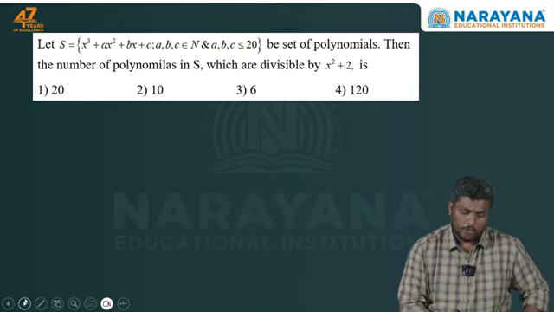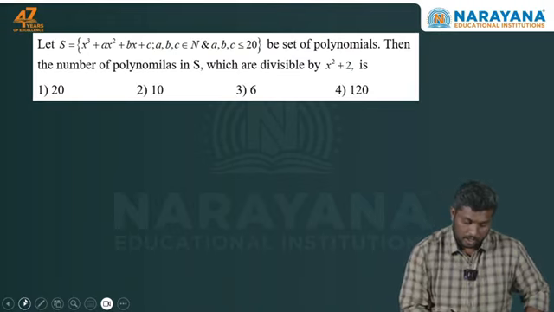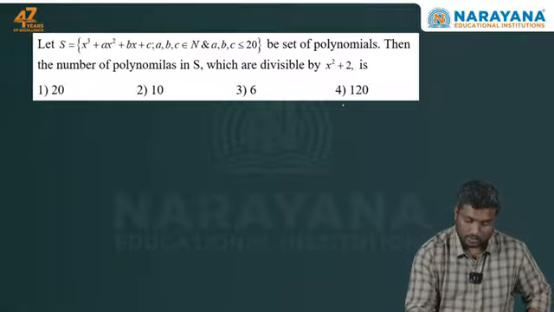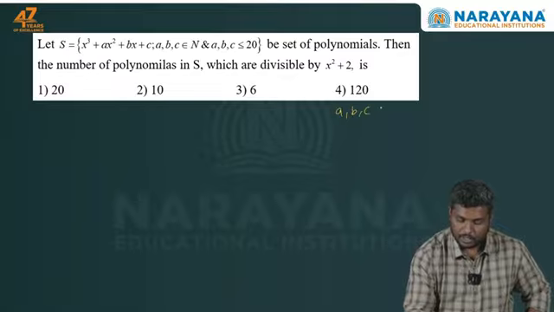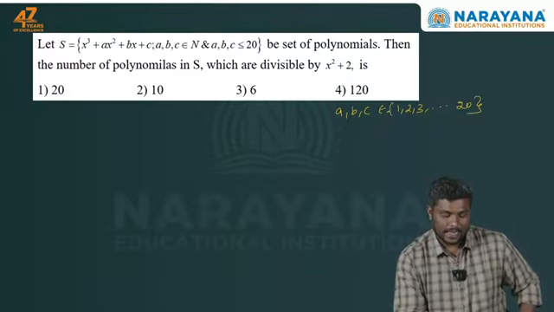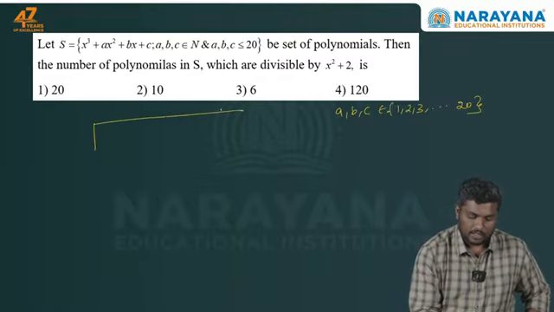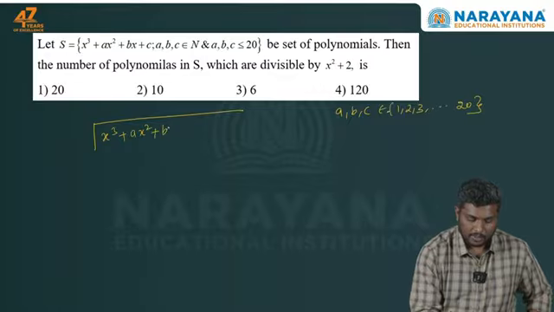Cubic polynomial, a, b, c belong to natural numbers, a, b, c are all less than or equal to 20. So a, b, c belong to 1, 2, 3, so on till 20. Set S of polynomials. Then the number of polynomials in set S which are divisible by x square plus 2. Let's divide and see this polynomial x cube plus ax square plus bx plus c by x square plus 2.